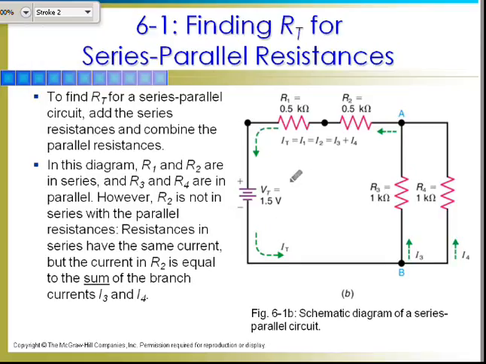Alright, well, here's where we're going to start. In this case, we have a series circuit. Now, how do I know it's a series circuit? Well, even though current is going to split here and here, it's going to come back together at point A, and I only have a single path through the next two resistors.